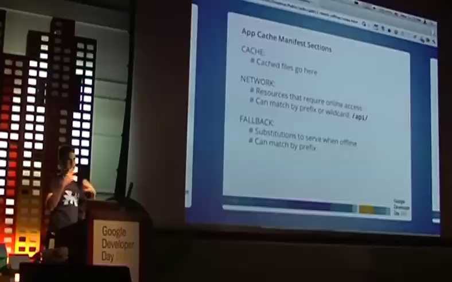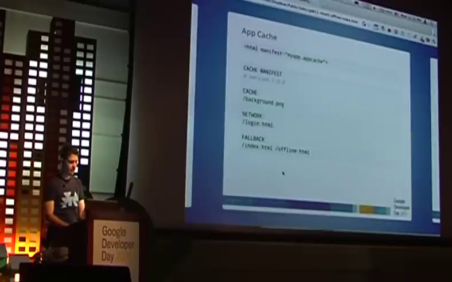So the app cache is a separate cache. Normally, if you're delivering files and you put an expires header on it, or you put e-tags, last modified, it will go into the browser's disk cache. And the app cache is a separate cache. So when they're specified here, they go into that cache.